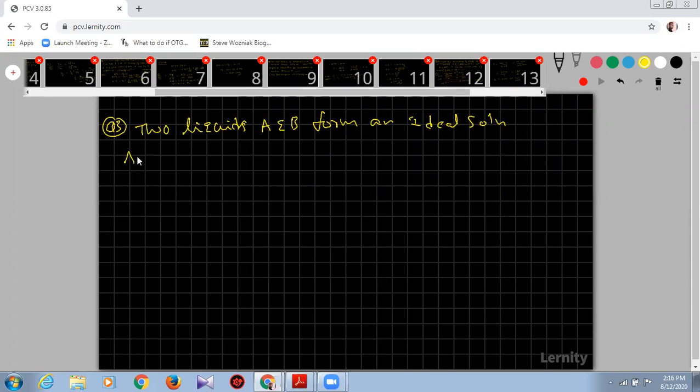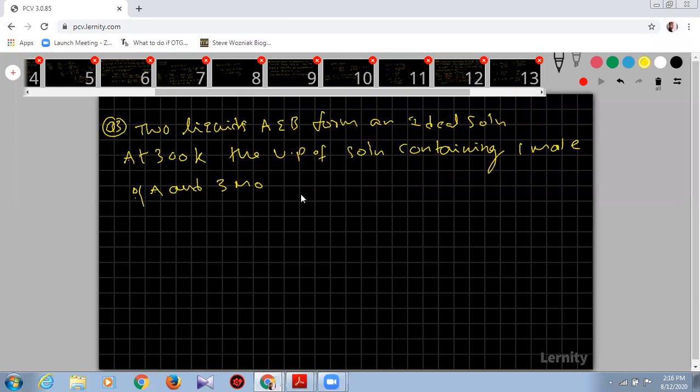At 300 Kelvin, the vapor pressure of a solution containing 1 mole of A and 3 mole of B is 550 mm mercury.